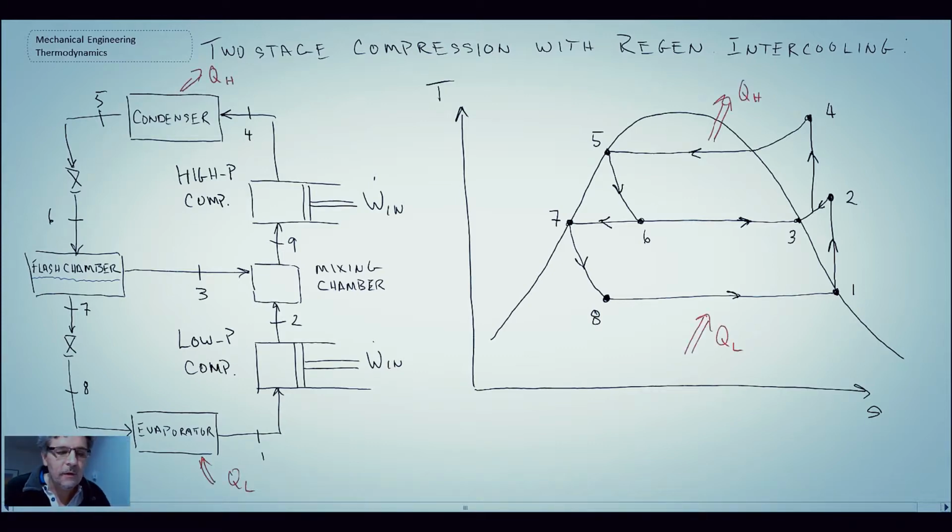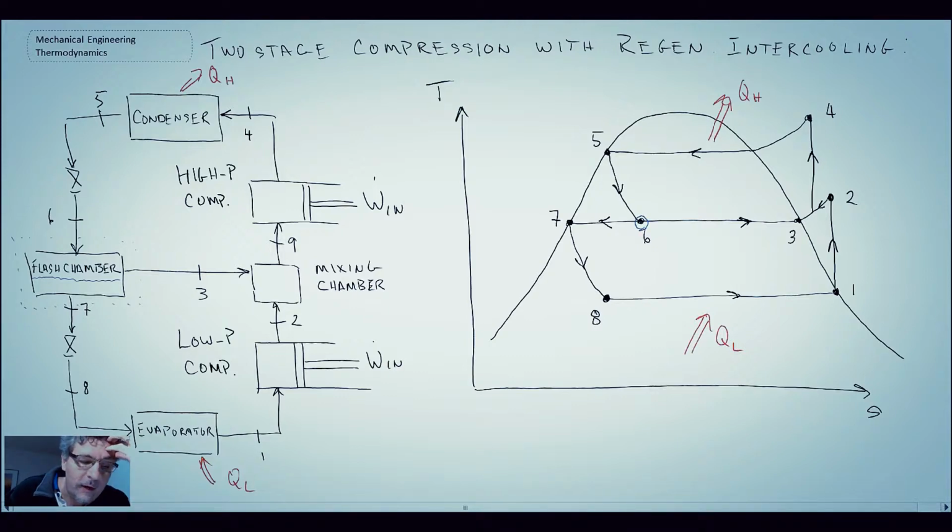So there is our schematic as well as diagram for the two-stage compression refrigeration system. And what's happening here? The biggest change, you'll notice, is this flash chamber. Basically this is a device that can separate a multi-phase fluid, because we have a multi-phase fluid coming out after our condenser at state 6, which on our TS diagram is right here.